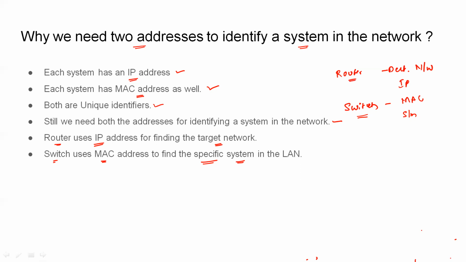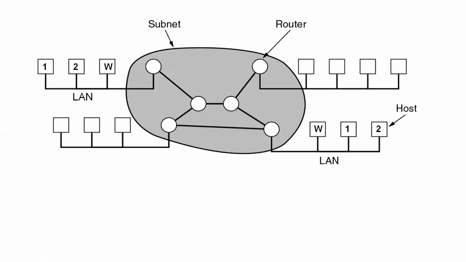Now let us see an example, which will probably help you understand it better. Let us take the classical topology we referred to in the previous class. Here we have different LANs: LAN 1, LAN 2, LAN 3, and LAN 4. These are all routers, and we have multiple routers here.